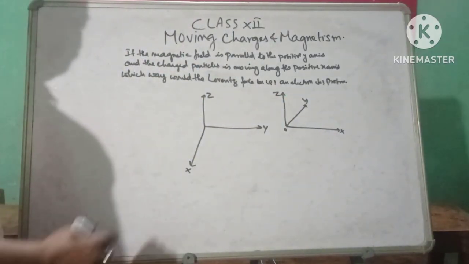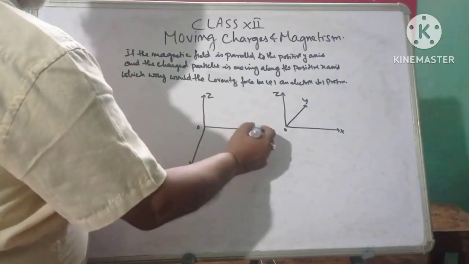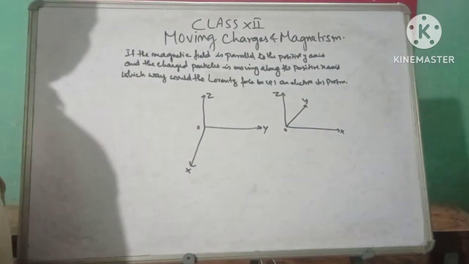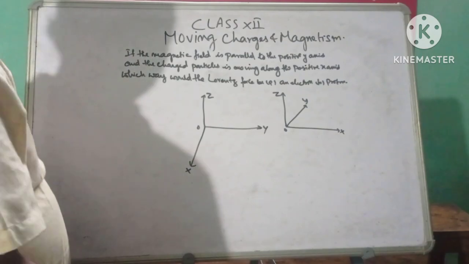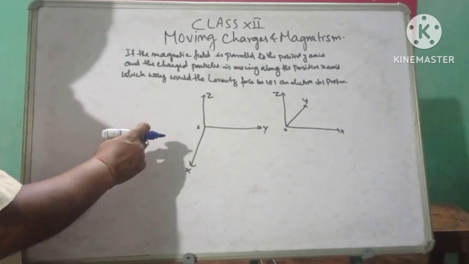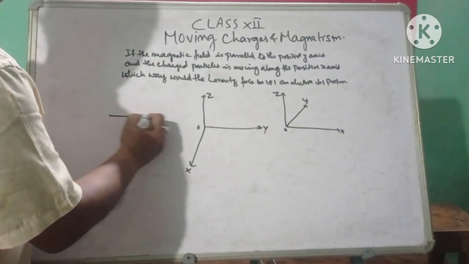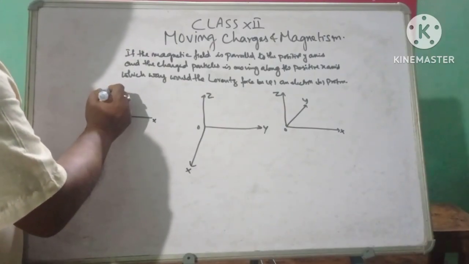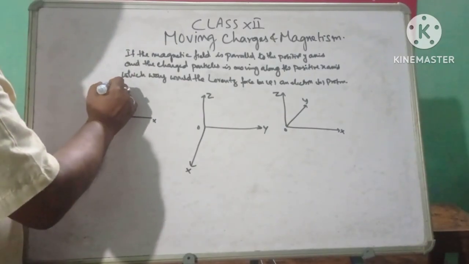This is the very basic point. If you are taking the y-axis along this direction, then your x-axis must be in this direction as positive. Originally, when we draw in the 2D plane, this is x and this is y.